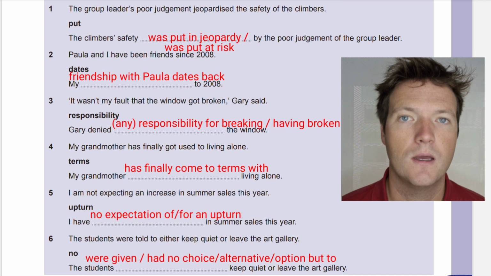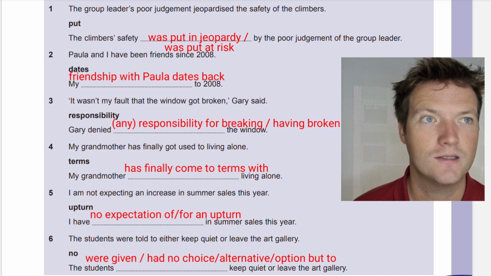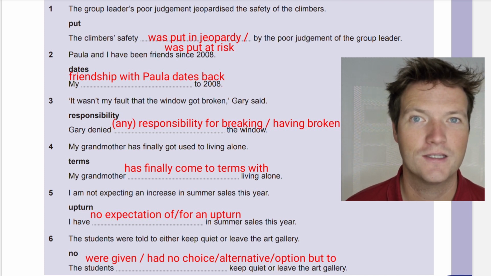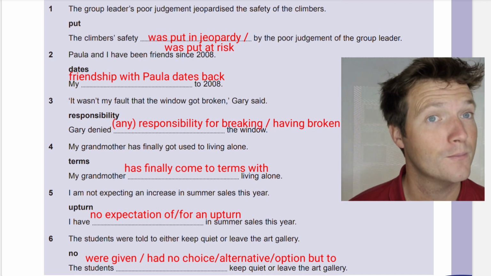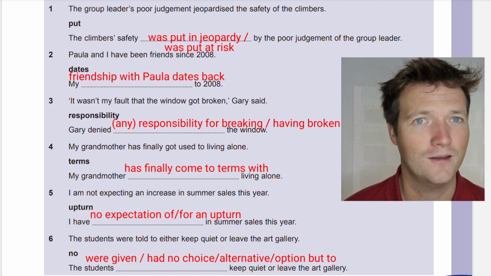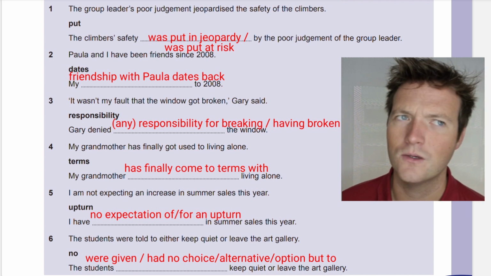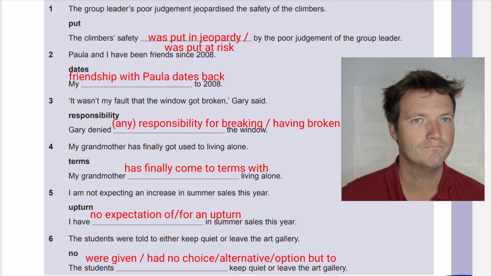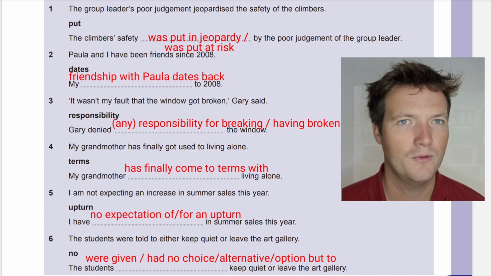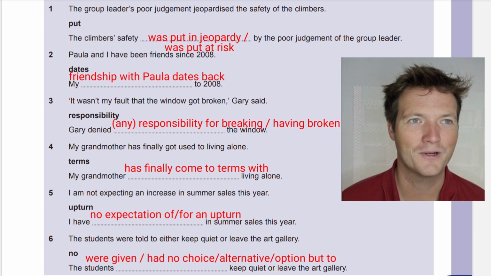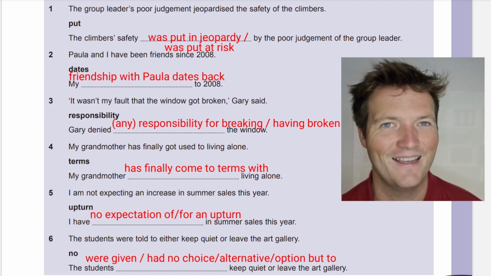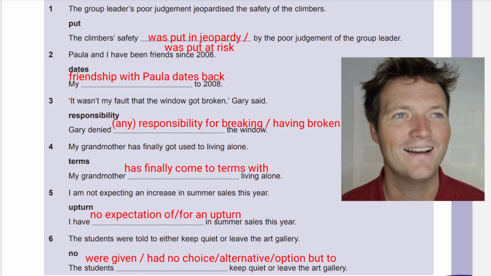But anyway, those are the options that are given in the answer section in this book. So I think I've got them all right. I assume I've got them all right, but hopefully what I said is exactly what came up on the screen. I'm going to edit that in later.